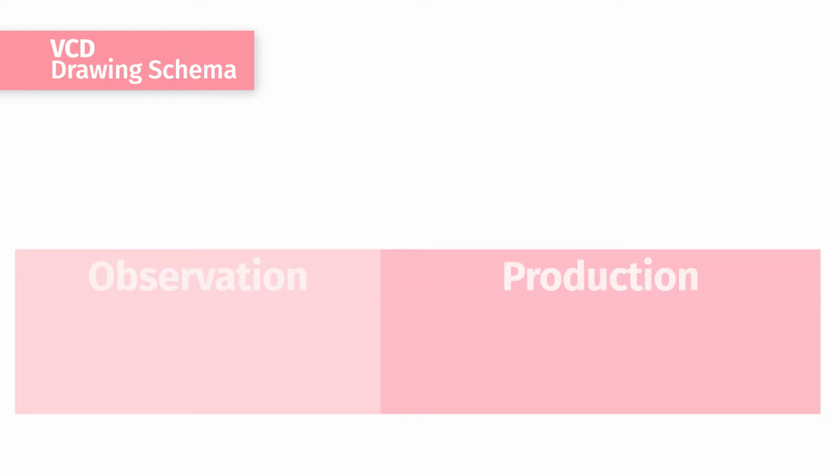So the VCD drawing schema which I've drawn up comprises a few layers that we can dig down into. At its most basic level, it's comprised of two halves. The first half is observation and the second half is production. And these are reflective of the steps that students should go through when they approach any drawing task.